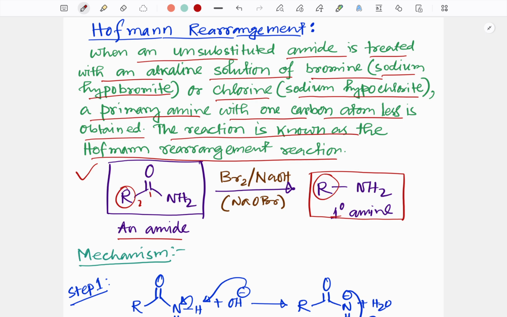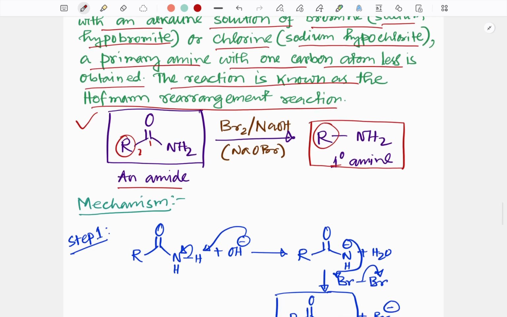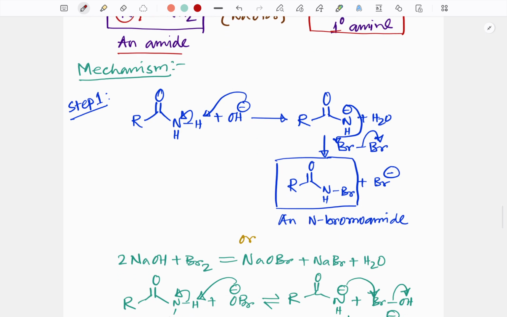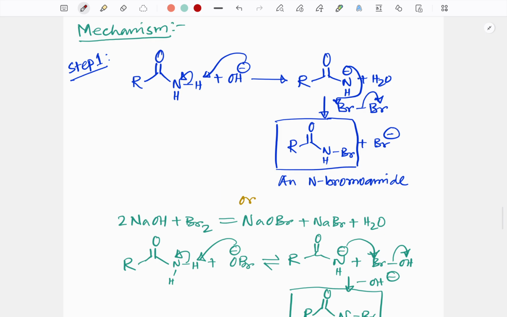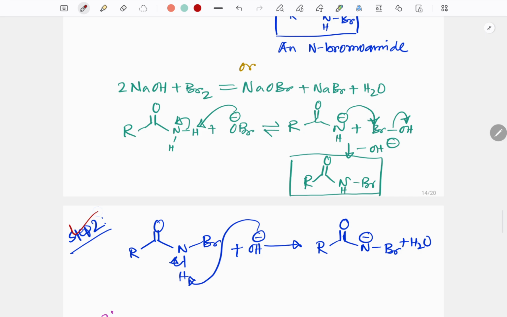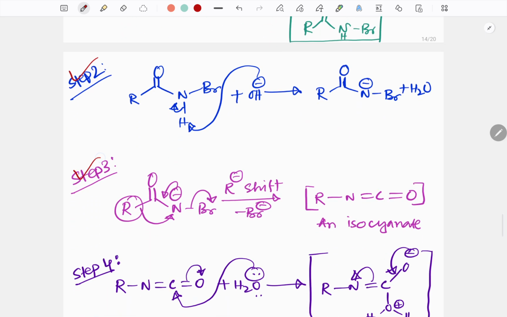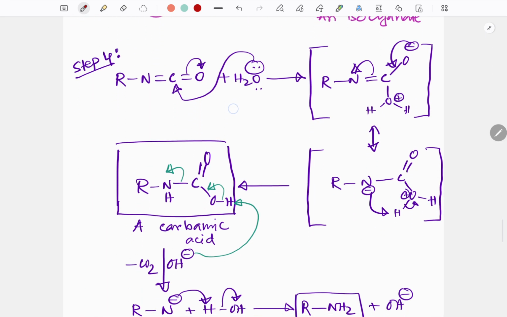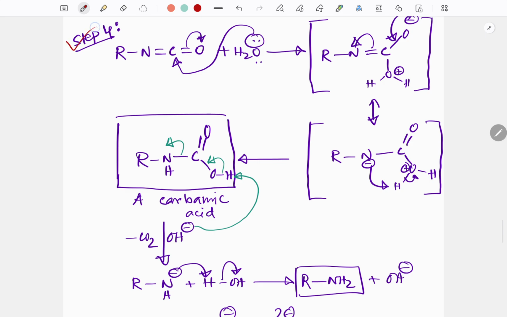Now when we talk about any organic reaction, the most important part is the mechanism. Similarly, the mechanism of the Hofmann rearrangement reaction basically involves a total of 4 important steps: step 1, step 2, step 3 and step 4.